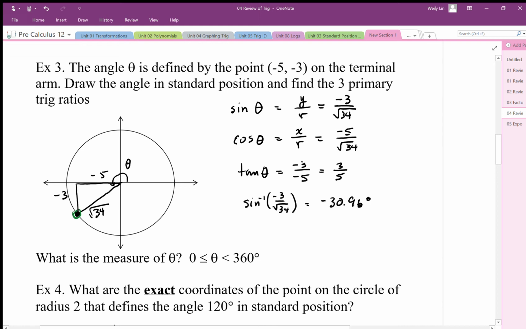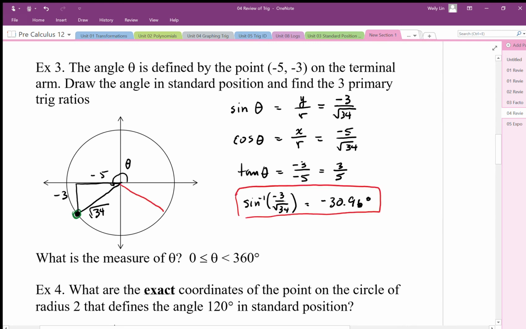My calculator is pretty smart. It knows standard position. However, if I look at that angle, I'm in the wrong spot, because that -30.96 is in quadrant 4, not quadrant 3. If I were to draw that angle in, that angle is in the wrong spot.